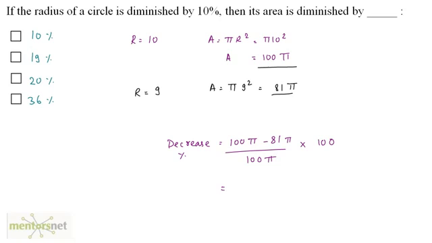So 100 pi minus 81 pi is 19 pi upon 100 pi times 100. So pi gets cancelled, 100 and 100 get cancelled. This is 19%. So there is a decrease of 19%. Option B.